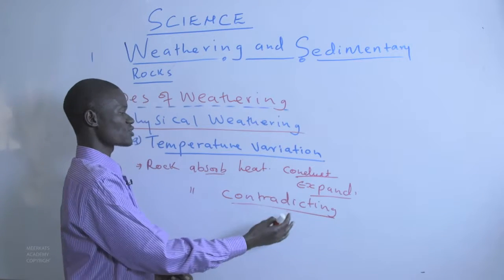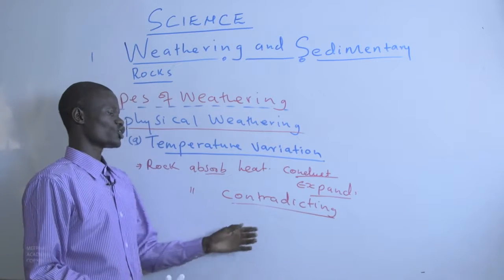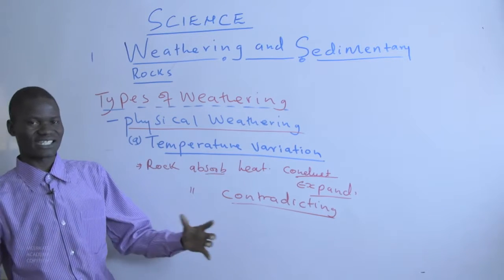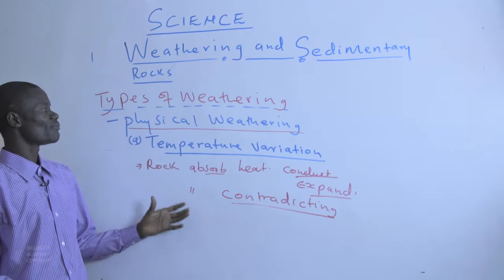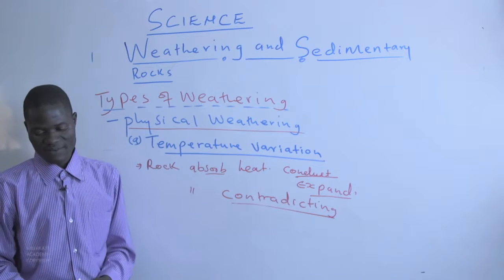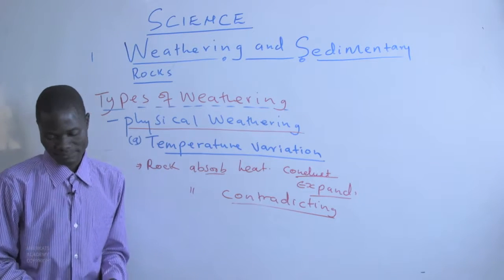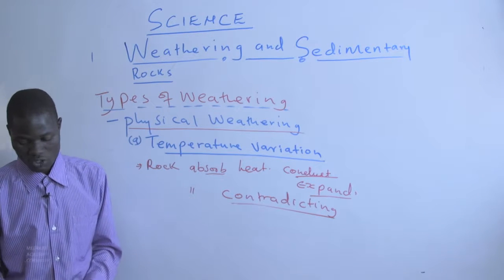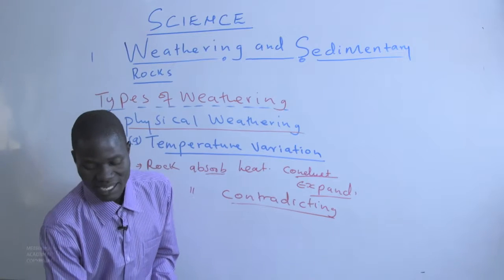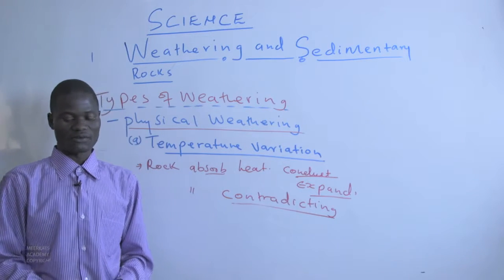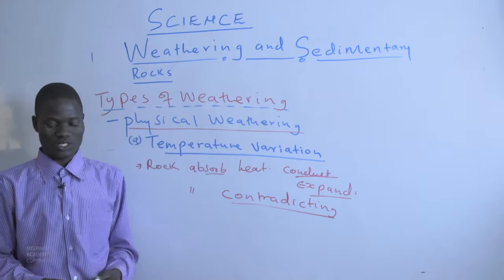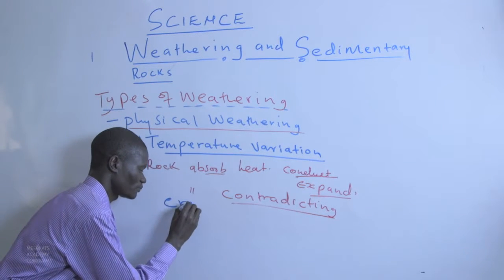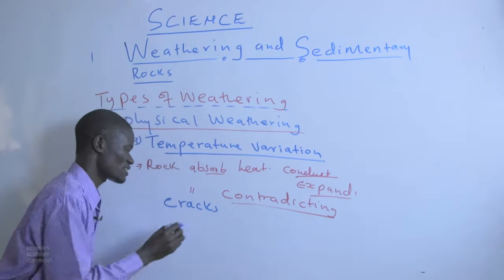That process of expanding and contracting, periodic or repeated, may bring about what we call physical weathering. The repeated expansion and contraction of rocks may create cracks or crevices on the rock surface.